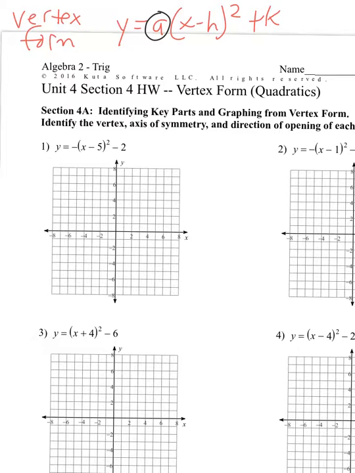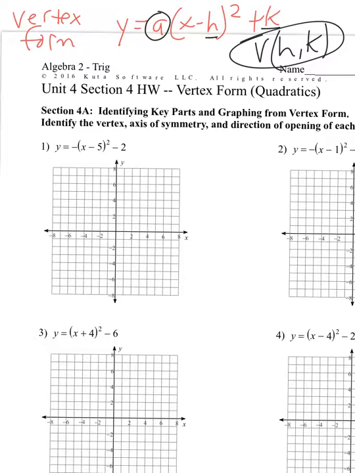And that's going to determine the direction of opening when we get to some of the key features here. And h comma k, whatever this is and whatever this is, is called the vertex. So the vertex is h, k.